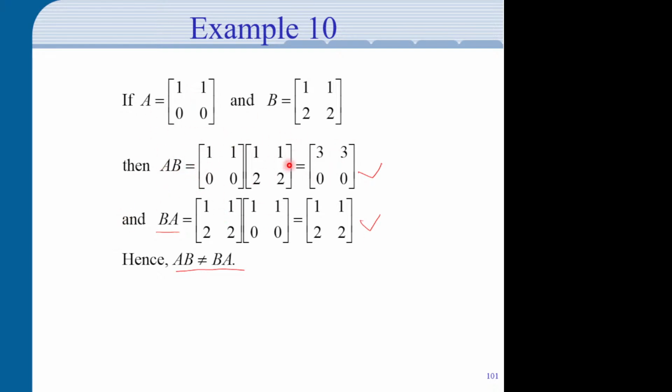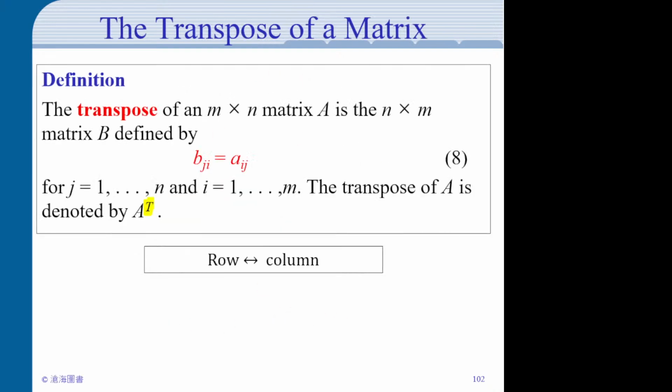A times B, you get this matrix. B times A, you get this matrix, and you can just check they are different matrices. This is something different from scalar multiplication, because for just numbers, A times B equals B times A. You probably learned this in high school.